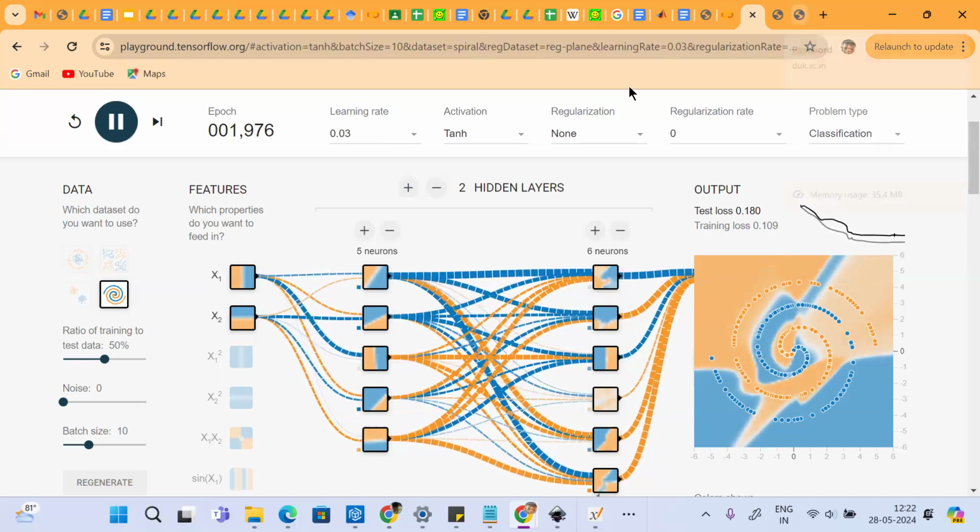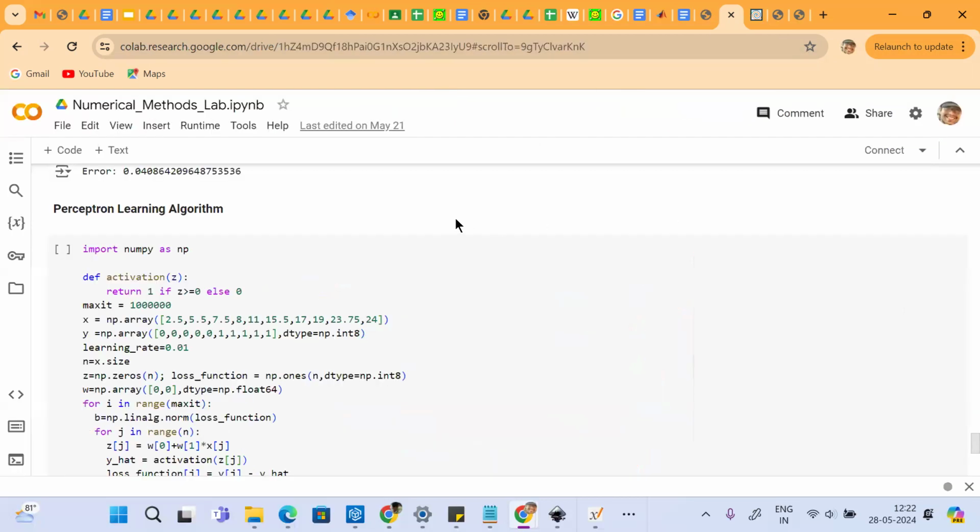One more thing I want to show you is the perceptron learning algorithm. Just see in your notes where you have written the perceptron algorithm, where we were updating the weights.